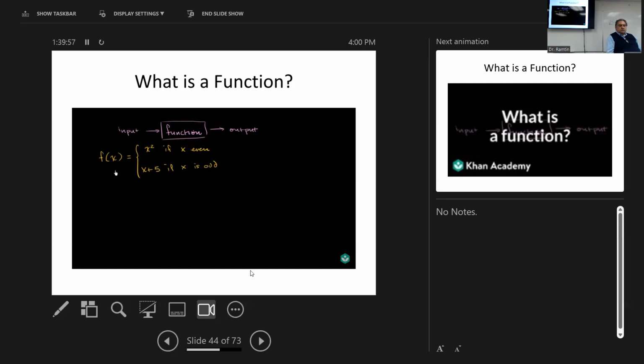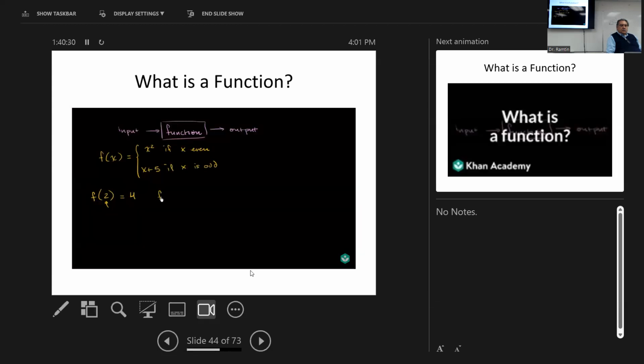The way that we would denote inputting 2 is that we would want to evaluate f of 2. Everywhere we see this x, this variable, you can use it as a placeholder. Let's replace it with our input. If 2 is even, do 2 squared. If 2 is odd, do 2 plus 5. 2 is even, so we're going to do 2 squared. So f of 2 is going to be 2 squared, or 4.